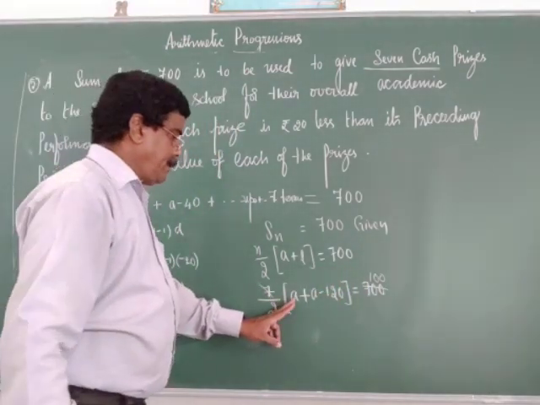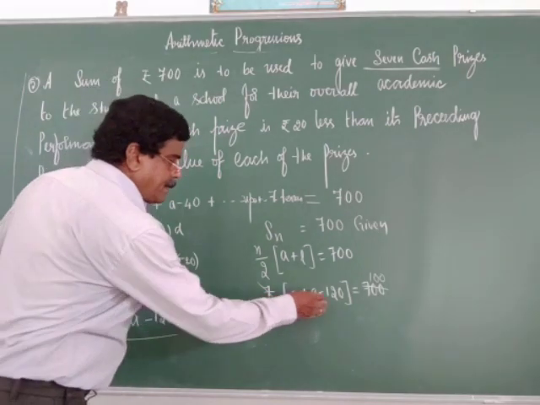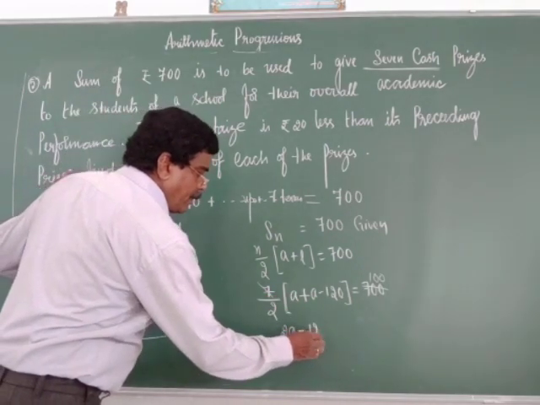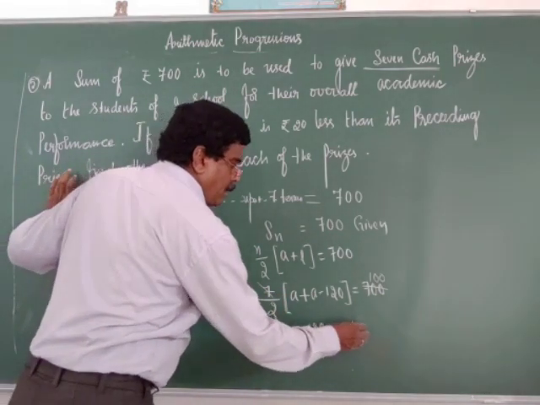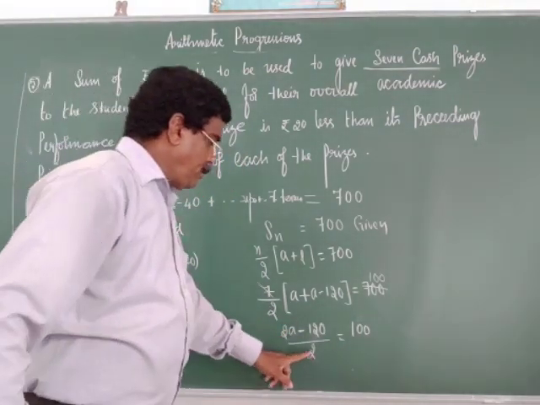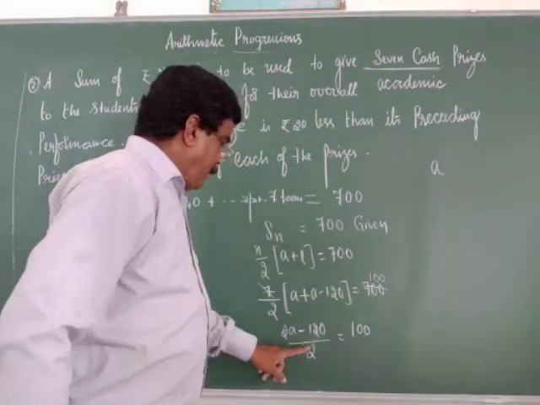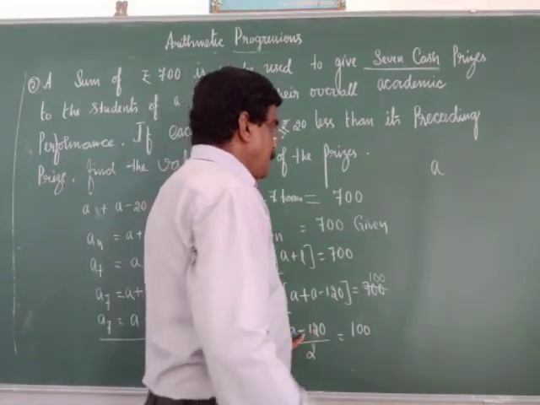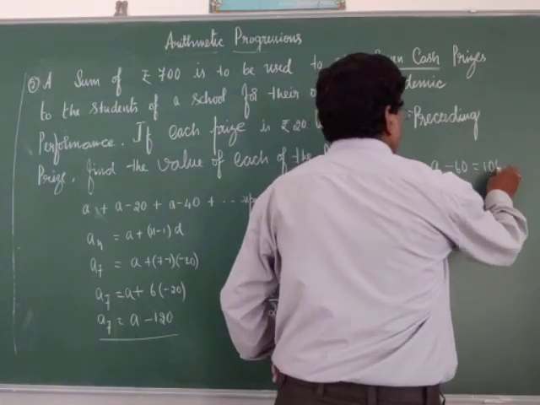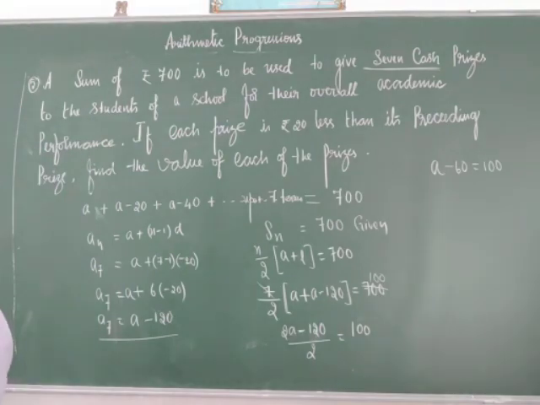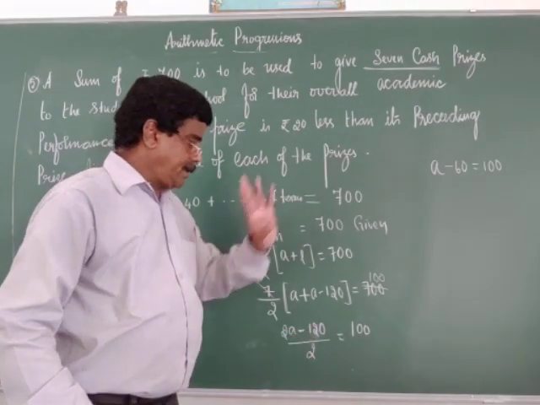Now in the next step you will be getting A plus A, which is 2A, minus 120, whole over 2, is equal to 100. 2A by 2 is A, and minus 120 by 2 is 60, is equal to 100.